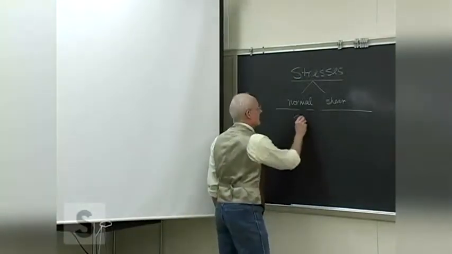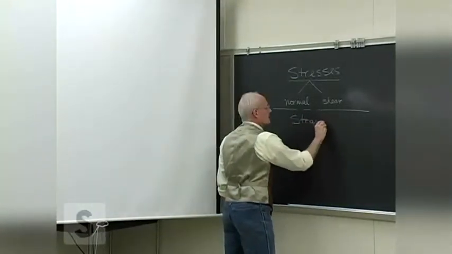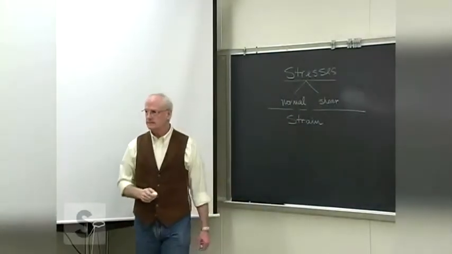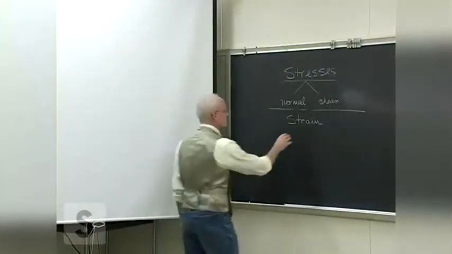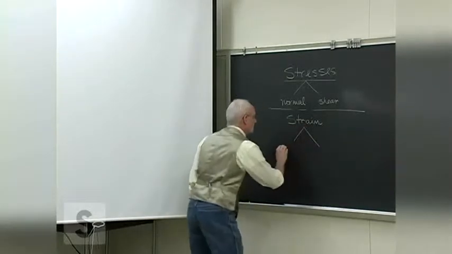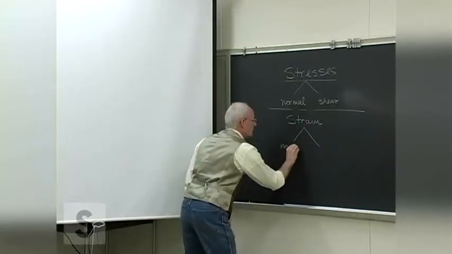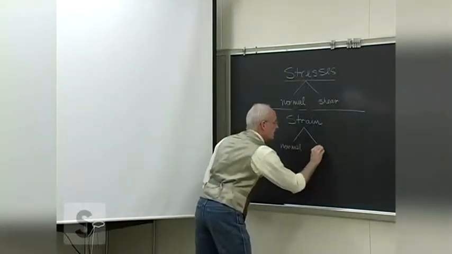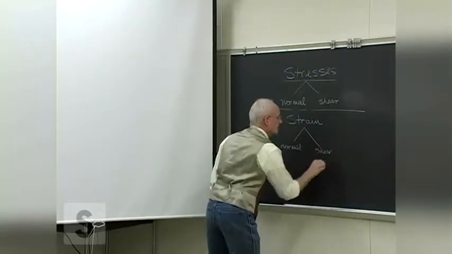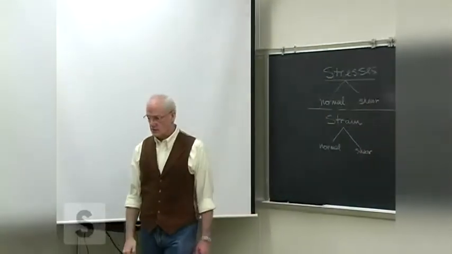And we'll see that as what we call strain. And again, there's going to be two types of strain. We'll have a normal strain and we'll have a shear strain. And I'll work up both of those now.